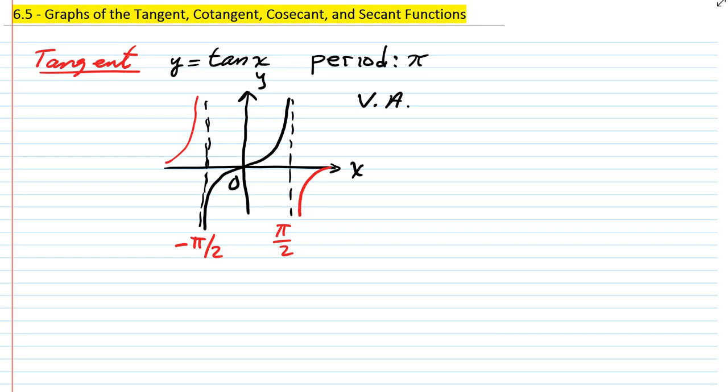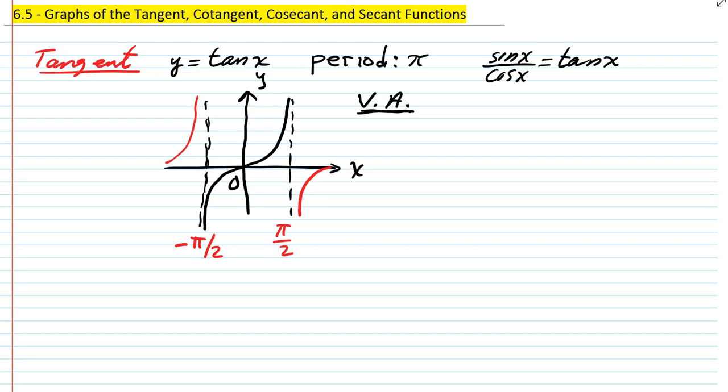If you recall, tangent is the ratio of sine x to cosine x, the ratio identity. This will help me write the general equation for the vertical asymptotes and the zeros of the function. The vertical asymptotes of tangent are places where you divide by 0. That means cosine x is 0. So the vertical asymptotes of tangent become the zeros of cosine.